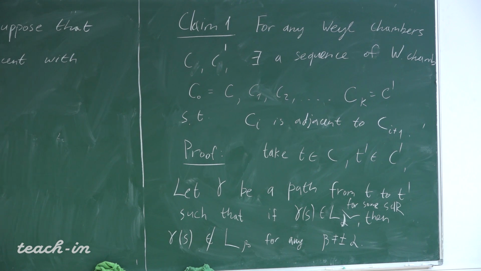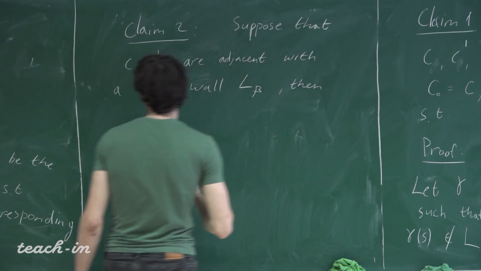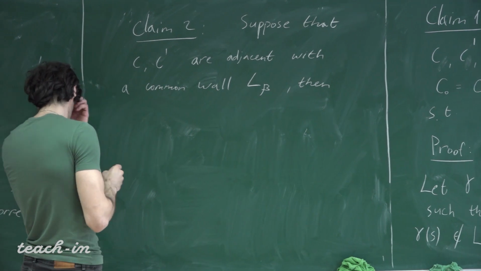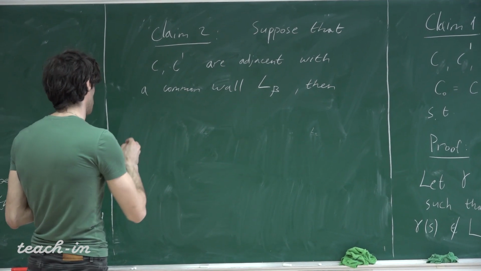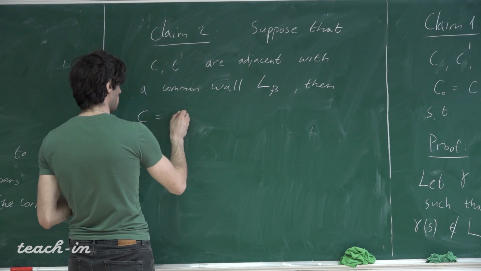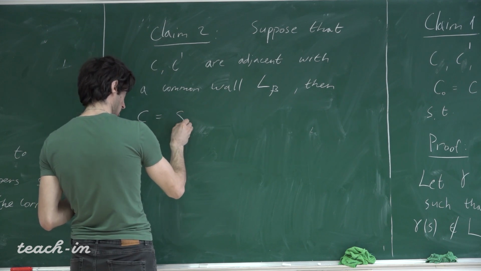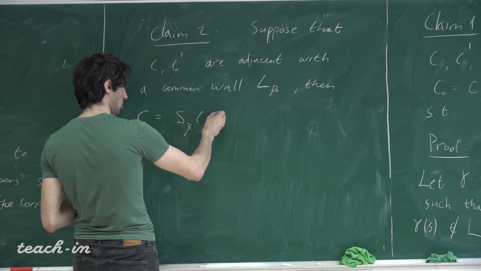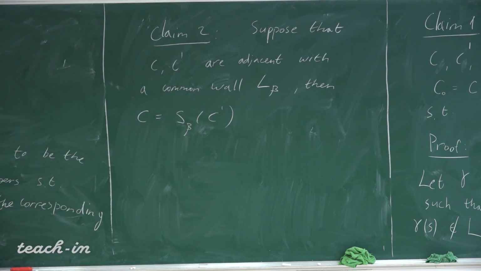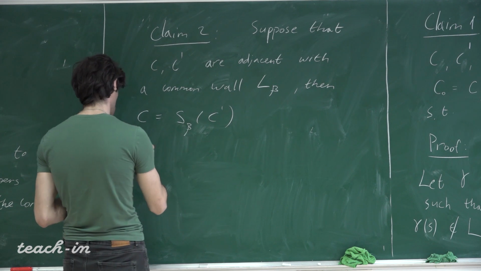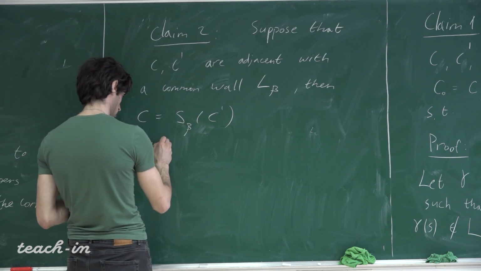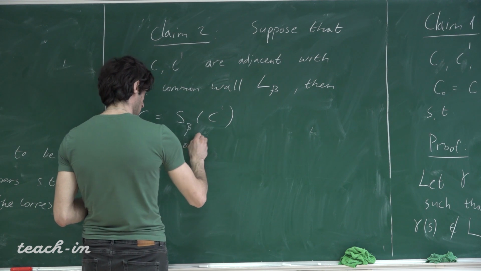So with a common wall, say L beta. Then C equals the reflection with respect to beta applied to C prime. Again, it's easy to see. Proof of claim 2.